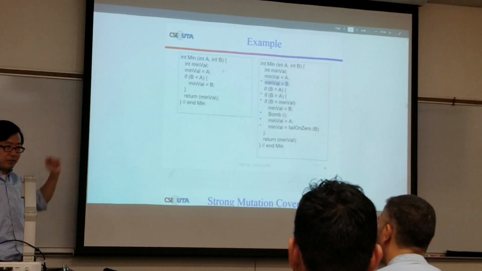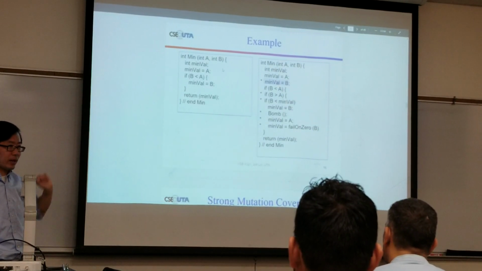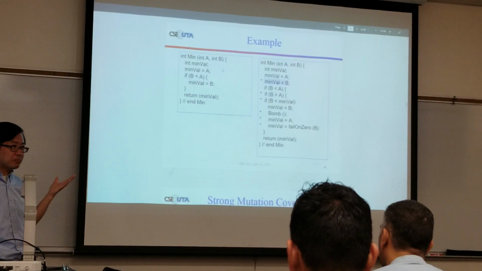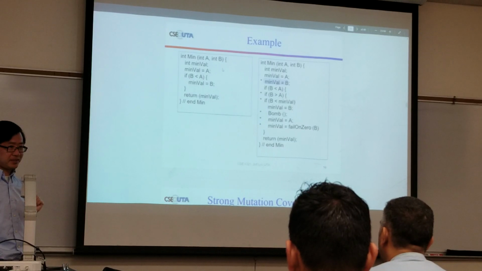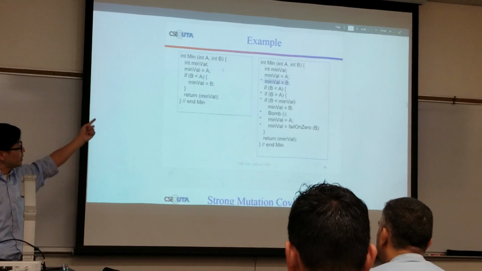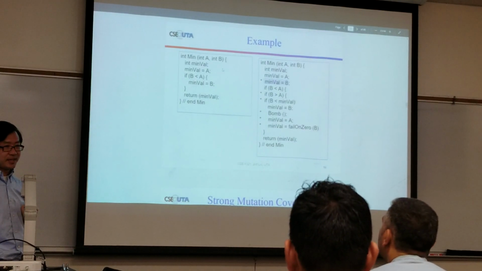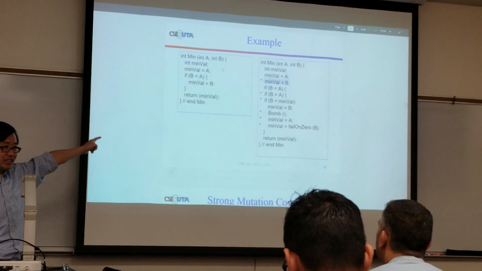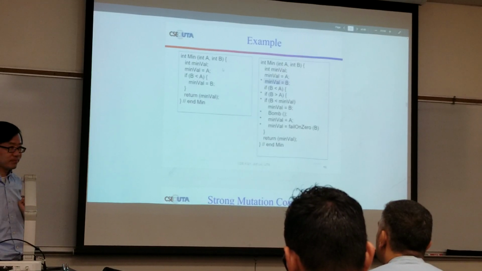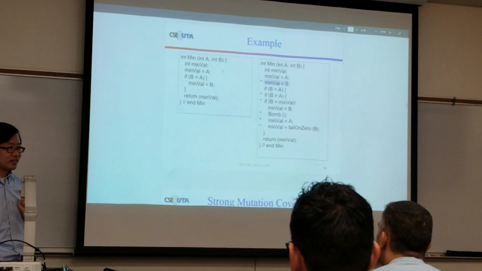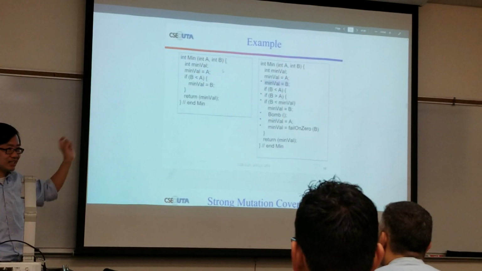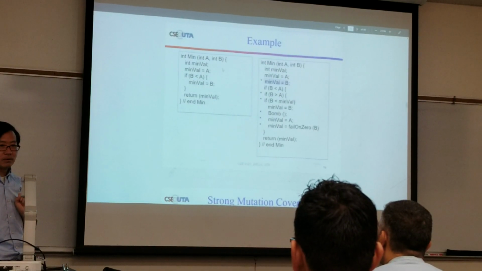It's supposed to put a on the right-hand side of the assignment, right? But the programmer made a mistake, put b on the right-hand side. If you want a test case to be effective in terms of detecting this bug, what do you have to have? Let's see if we have a test case. You want to check whether this test case can detect this bug or not. What do you have to have?